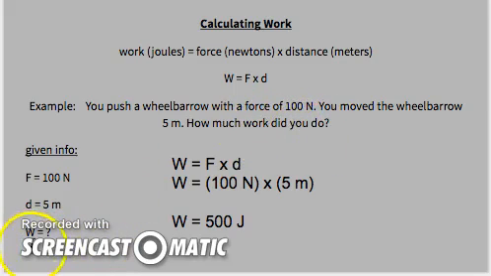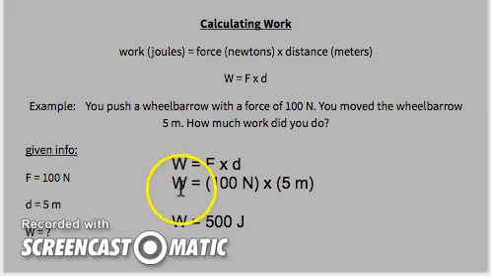So work here, W, is equal to a question mark. That's what we're trying to find here. Okay, so looking at our formula, work W equals force F times distance D. Straight up, we don't have to manipulate the equation or change it around using our formula triangle. We're just going to plug the numbers in, plug and chug, and do the math.